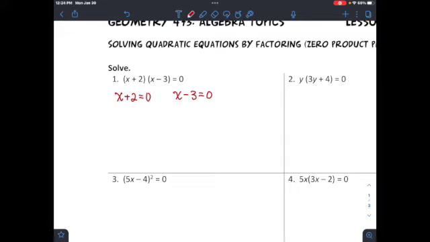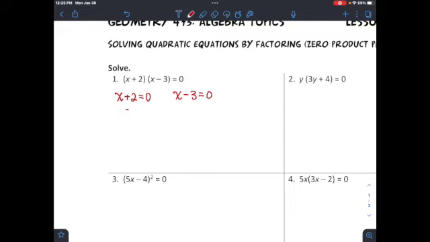We are trying to find out what number makes the first parenthesis equal 0 and the second parenthesis equal 0. As long as one of them equals 0, we have the zero product property, because everything times a 0 is a 0. I call these my little tiny equations.